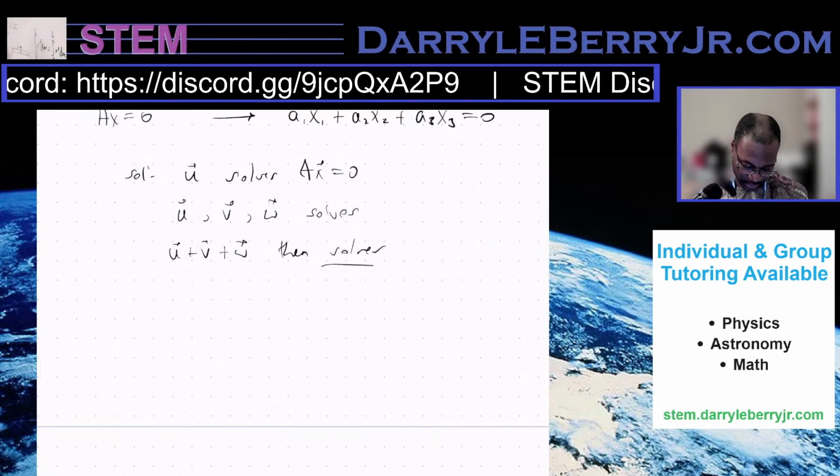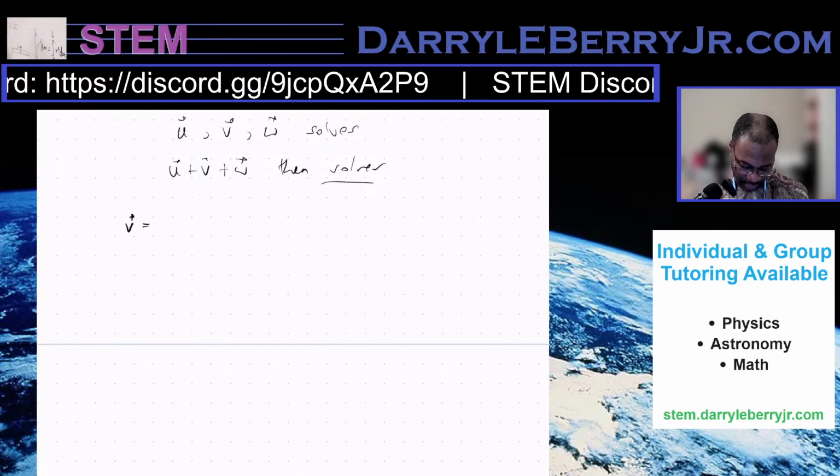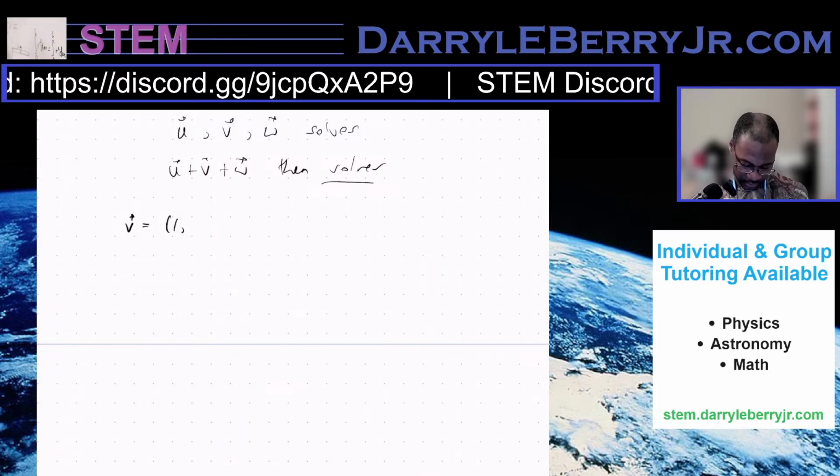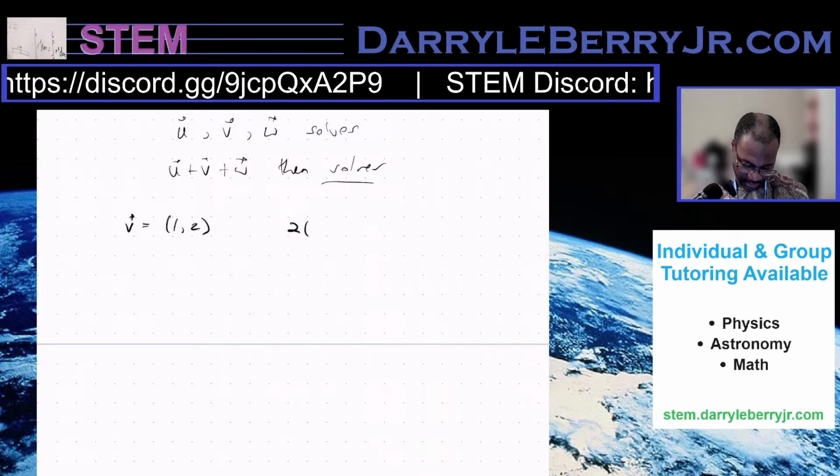So I can understand that the vector is this. Let's say 1, 2. Then we could say the solution is like 1, 2.